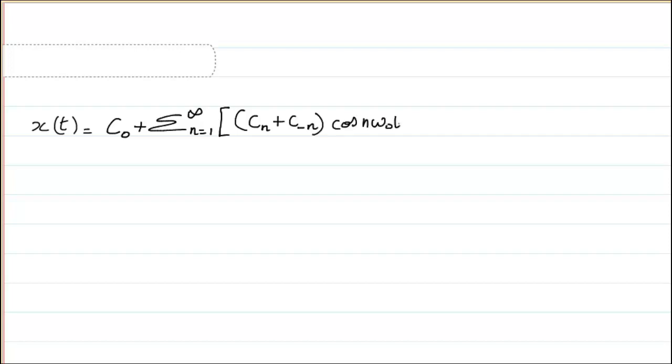So now from the trigonometric form, A naught becomes C naught plus summation n is equal to 1 to infinity, and then instead of an, I will write Cn plus C of minus n, correct, cos n omega naught t, plus instead of B of n, I will write j Cn minus C of minus n sine n omega naught t, correct?